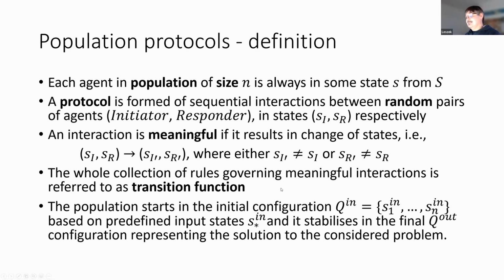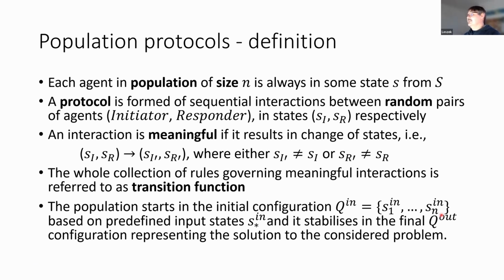So what happens is that initially all agents start in some initial configuration, which is represented by some states from this ground set S on the top. I forgot to mention, let me just grab the basic pointer, that would be easier to deal with everything. Okay, fine.